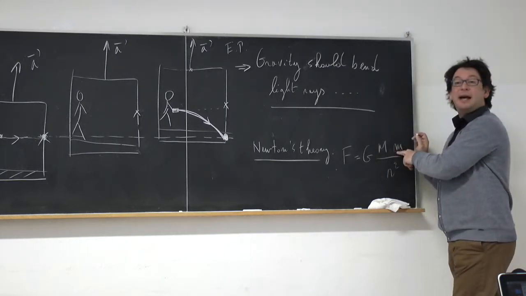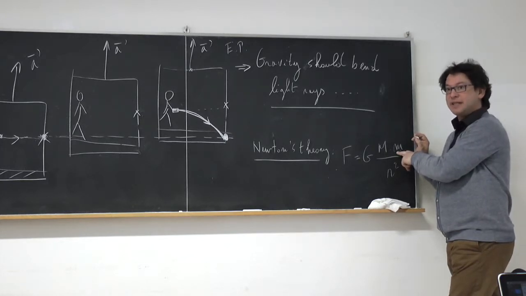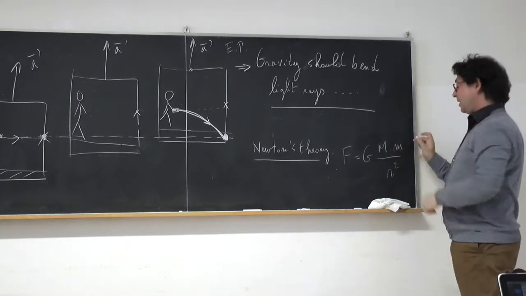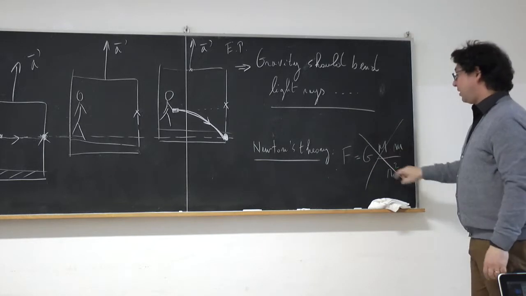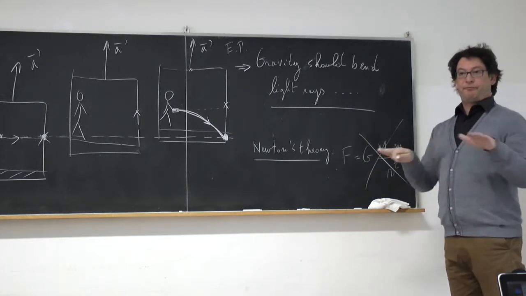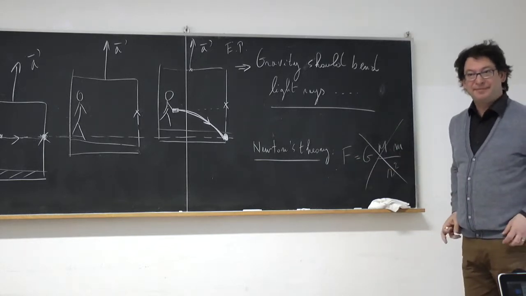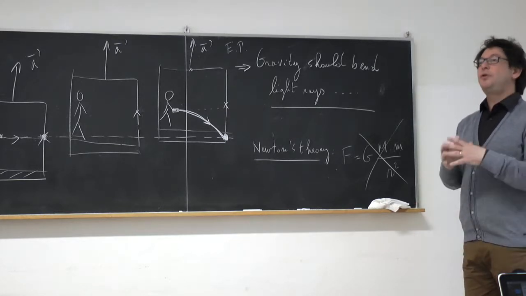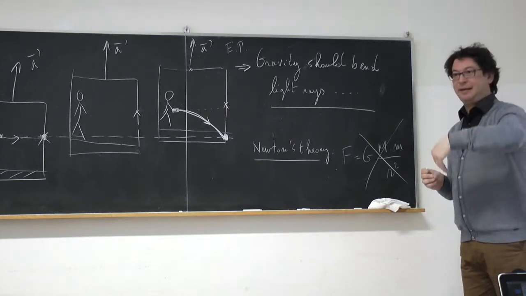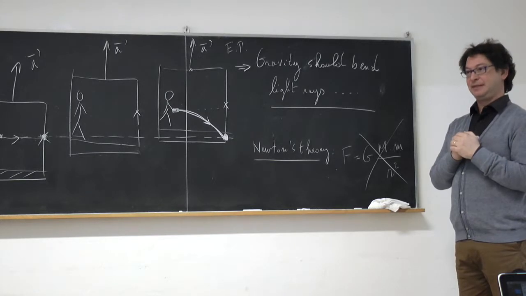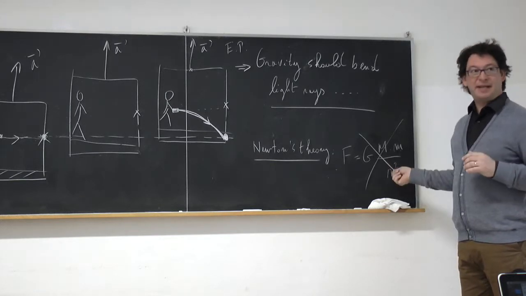Now, has light got a mass? In Newtonian, non-relativistic physics, no. So if the mass is zero, you have zero force. So Newtonian gravity should not bend light rays. Right? You understand?